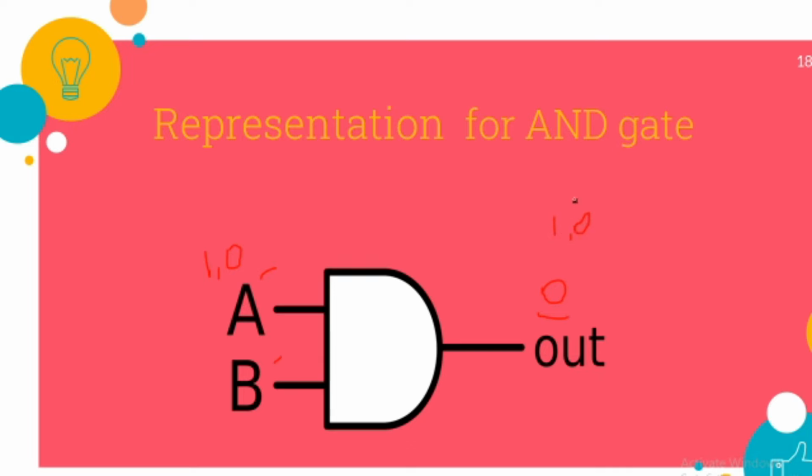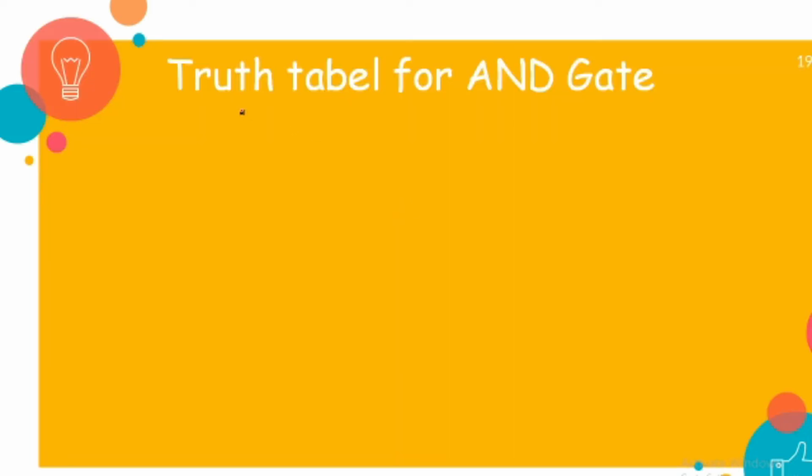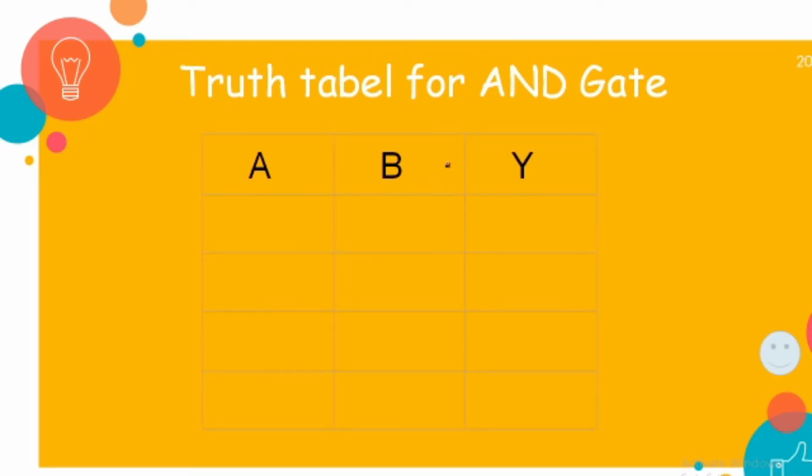To get all possibilities of input combinations, we are going to design a truth table. So let's design a truth table for an AND gate with two inputs. Here we have two inputs, input A and input B, and an output Y. Now how do we fill this table?